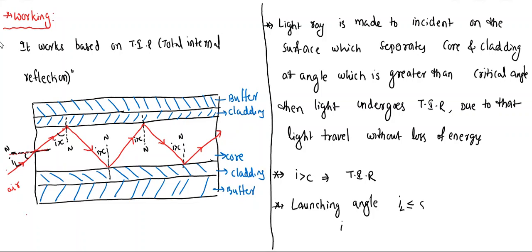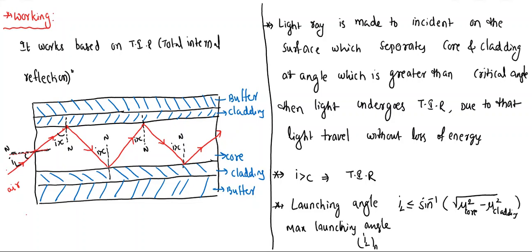That is sine inverse of root of refractive index of core square minus refractive index of cladding square. This is the formula. And the maximum launching angle, that is theta max, is equal to sine inverse of root of core square minus cladding square.